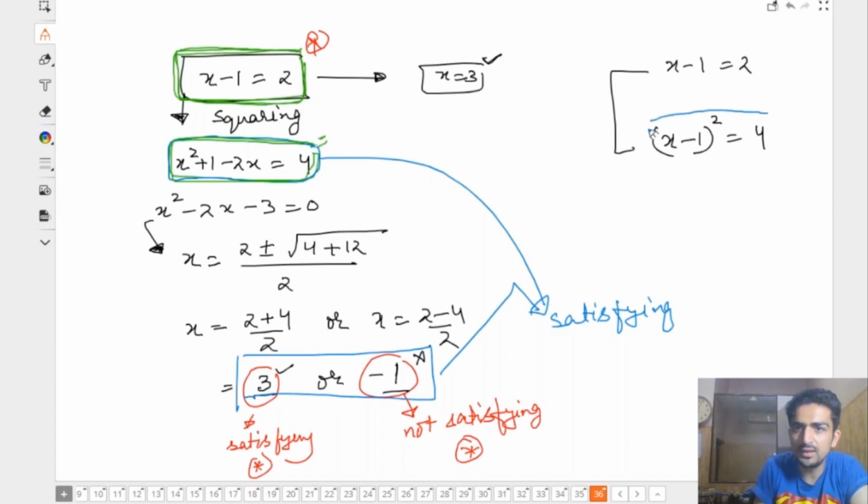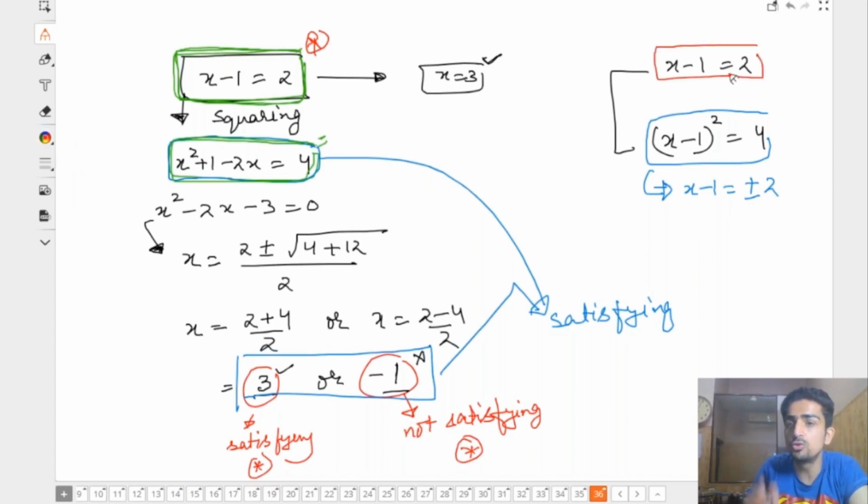Because this thing will imply x minus 1 equal to plus minus 2, whereas my actual equation was only x minus 1 equal to 2. So when I squared the equation, certainly I am getting something extra. Plus 2 is there, no doubt. But minus 2 is also there now. So certainly I am going to get some extra solutions here.